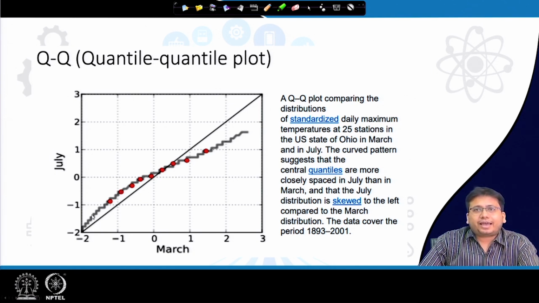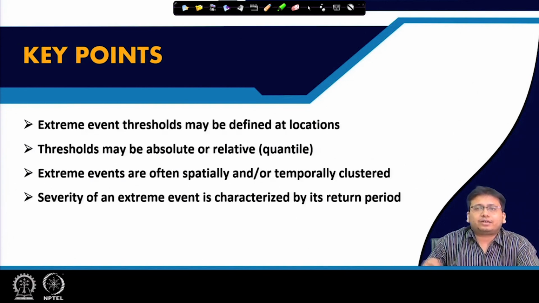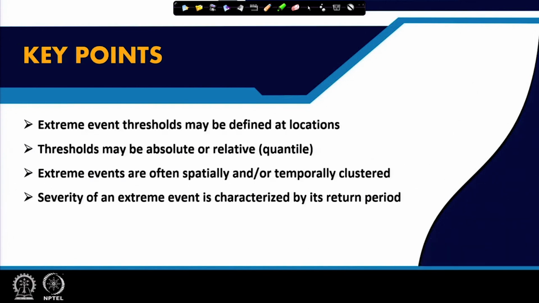So this kind of QQ plot enables us to match the nature of these extreme events at different locations or at different time points, as in this case. This sets up a good background for a further discussion of extreme value statistics.